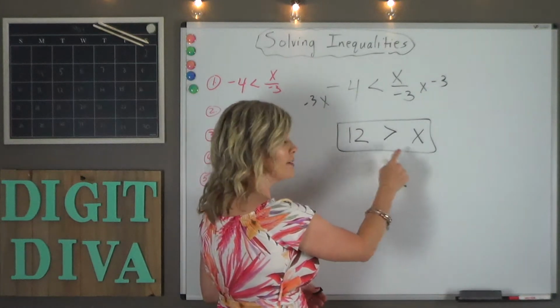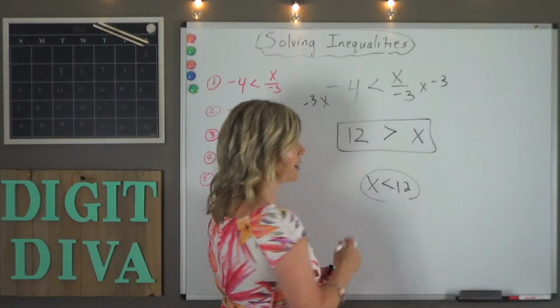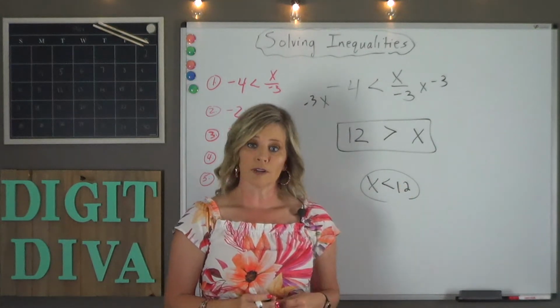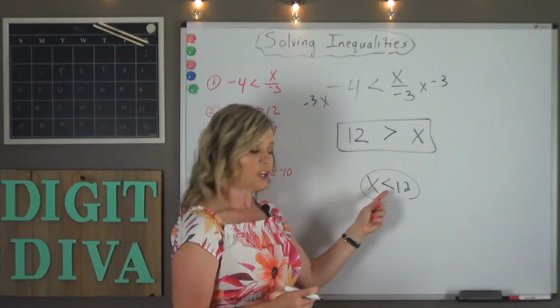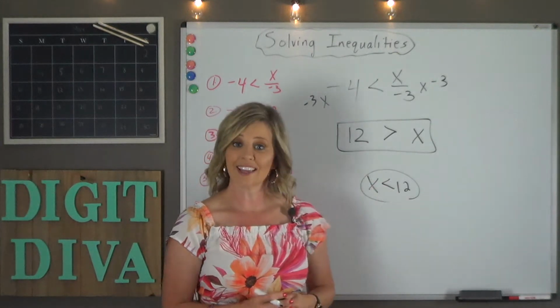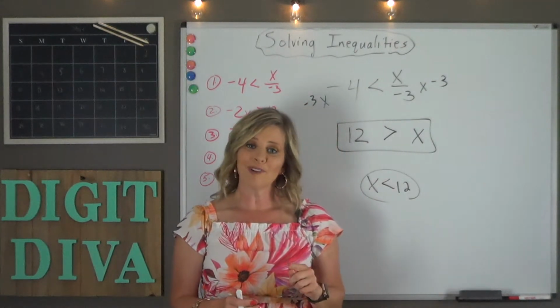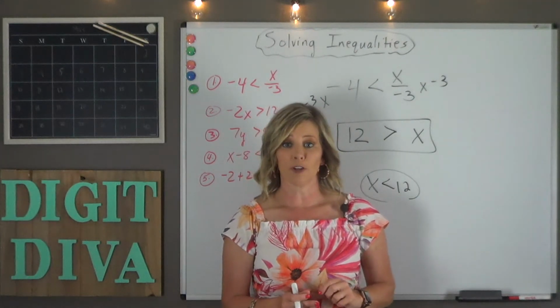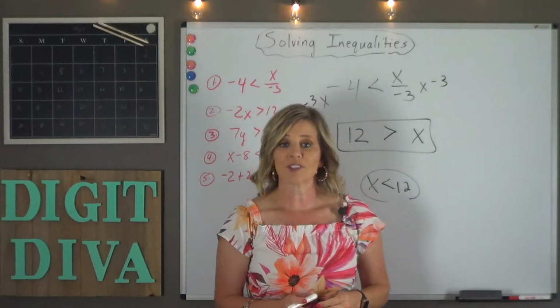If 12 is greater than x, then x must be less than 12. Notice that our inequality symbol is pointing to x in the first answer, and it's also pointing to x in the second answer. So remember that rule. Whenever you're multiplying or dividing by a negative number, when you're dealing with inequalities, you have to reverse the symbol.